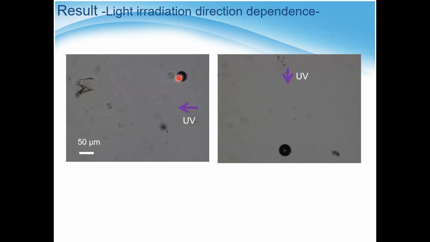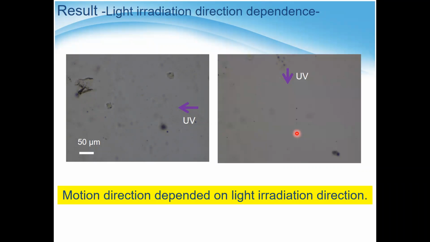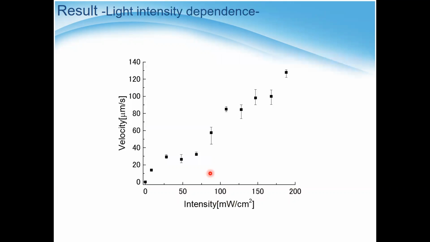And then when the light is on again, it moves toward the right side in this image. And when the light was illuminated from the top side, when the light is on, it starts moving upward like this. So obviously, the motion direction depends on the light irradiation direction.